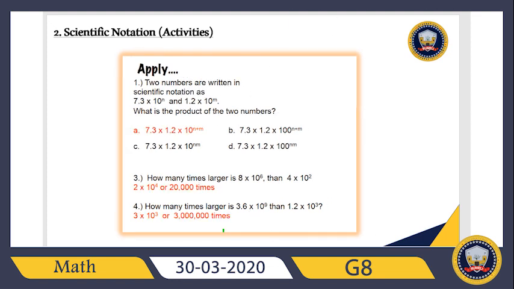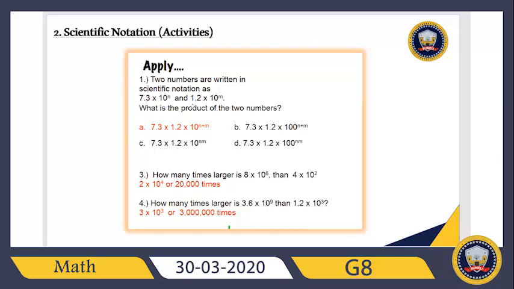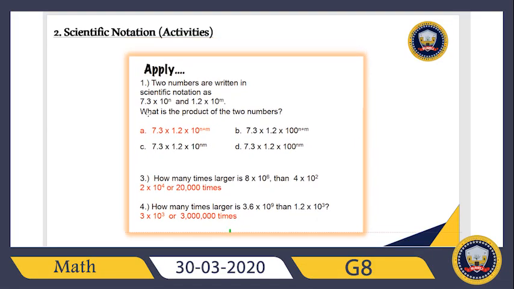So let's start from the first example. 7.3 times 10 to the power of n multiplied by 1.2 times 10 to the power of m. So what is the product? 7.3 multiplied by 1.2.